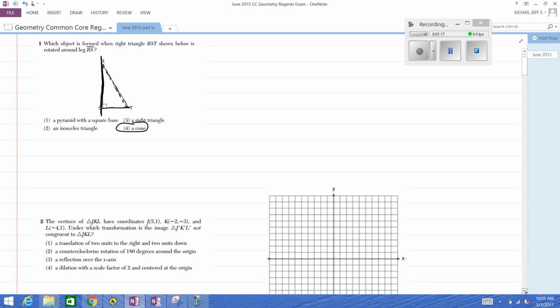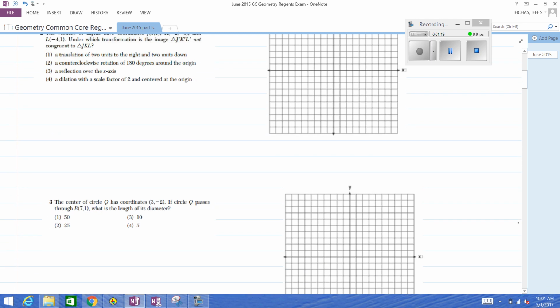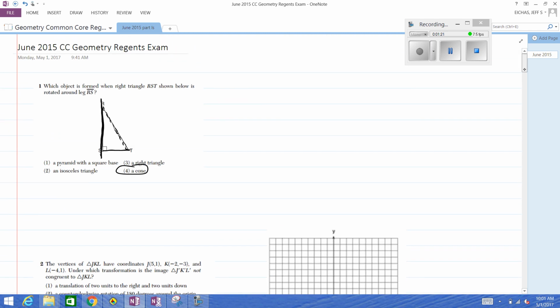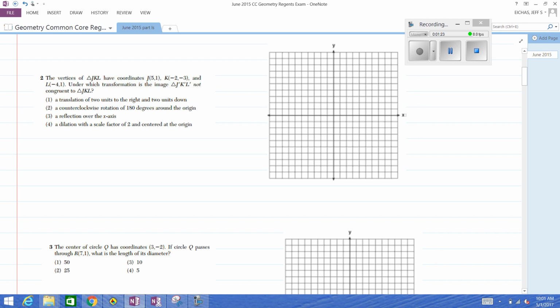All right, now we move on to number 2. What we're looking at is, under which transformation is the image of a figure not congruent? Well, there are rigid motion transformations.